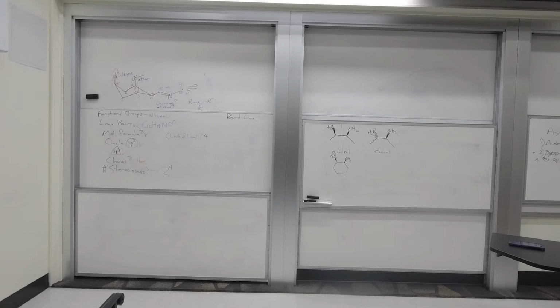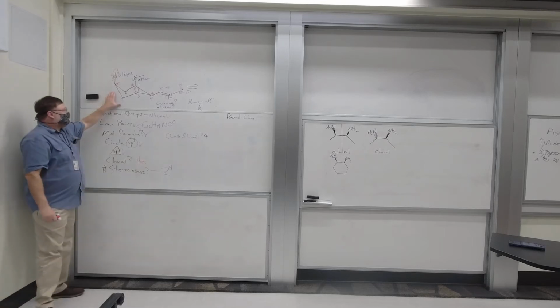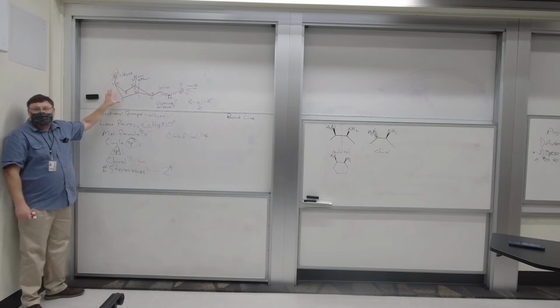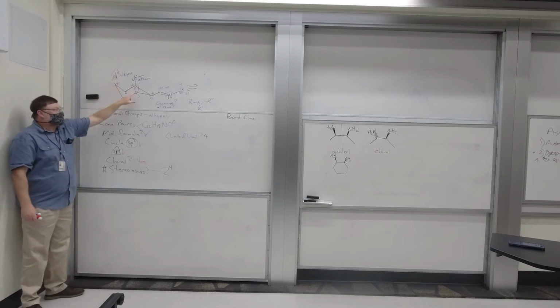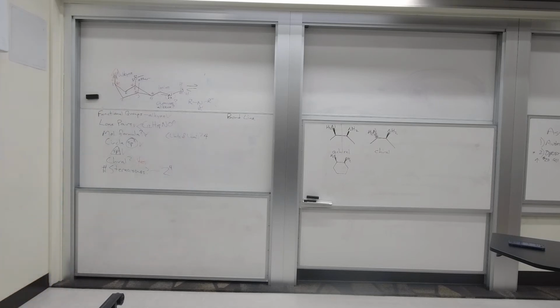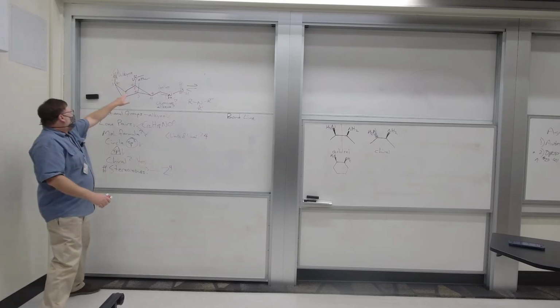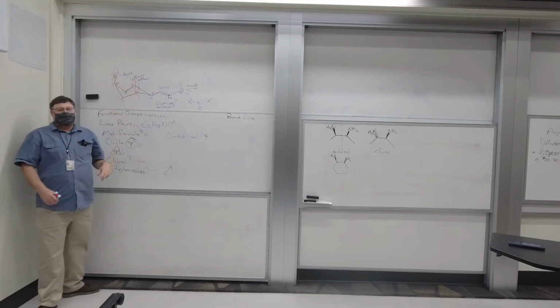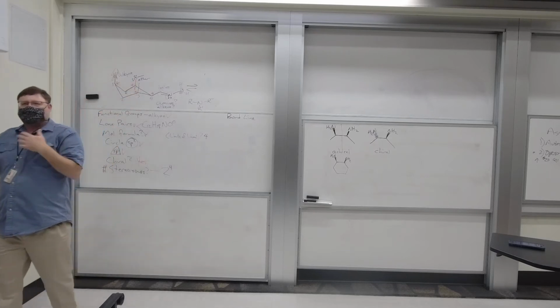But the point is, here you have 16 different stereoisomers because each one of these chiral centers operates independently. If something ties them together, or if it becomes really rigid, say this carbon was bonded to that oxygen, now they can't flip around.